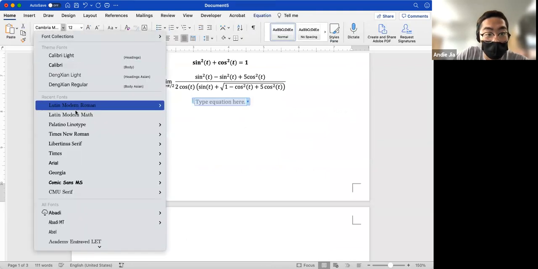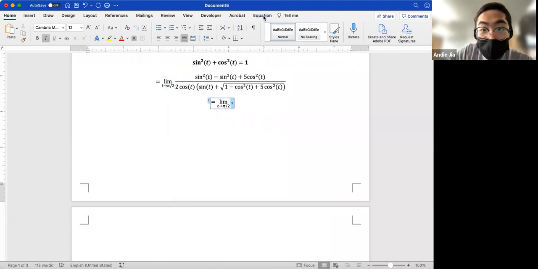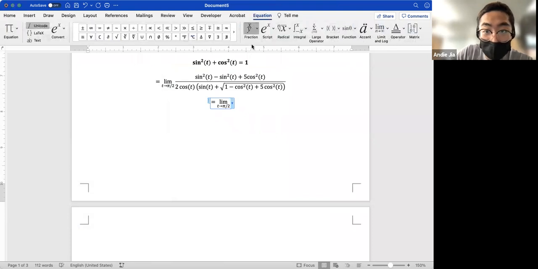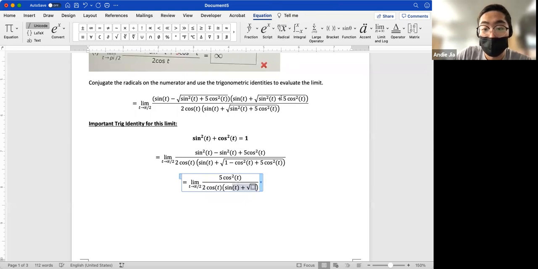Just simplify everything with the trig identities here, and we have the limit. The 5 cosine squared of t and the 1 minus cosine squared of t combine to give 1 plus 4 cosine squared of t. We can simplify this radical.